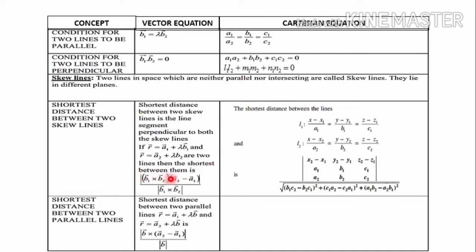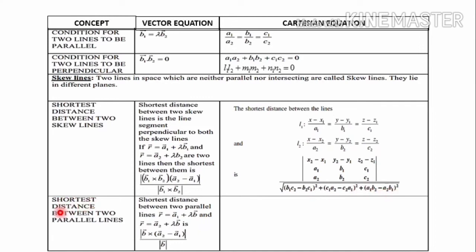Modulus of b1 cross b2 dot a2 minus a1 divided by modulus of b1 cross b2. The Cartesian form is the determinant x2 minus x1, y2 minus y1, z2 minus z1, a1, b1, c1, a2, b2, c2, divided by root of b1 c2 minus b2 c1 the whole square plus c1 a2 minus c2 a1 the whole square plus a1 b2 minus a2 b1 the whole square.